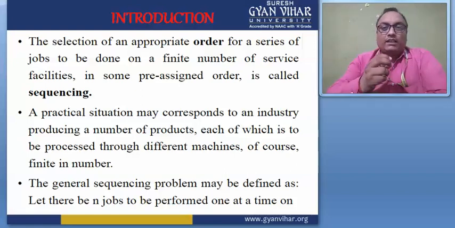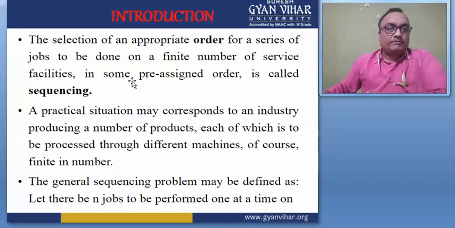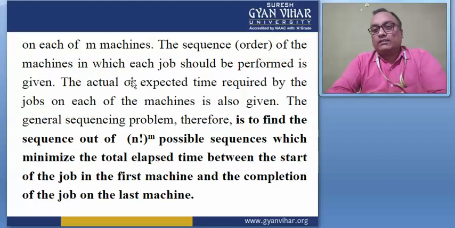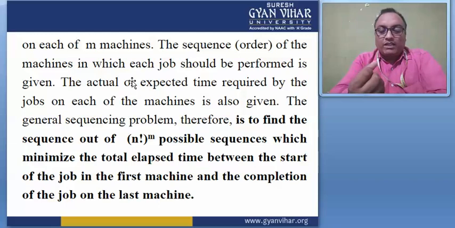Let there be n number of jobs to be performed on each machine. The sequence or order of these machines is such that you perform the job which takes the minimum time, and you consider the actual expected time required by the job for each machine.